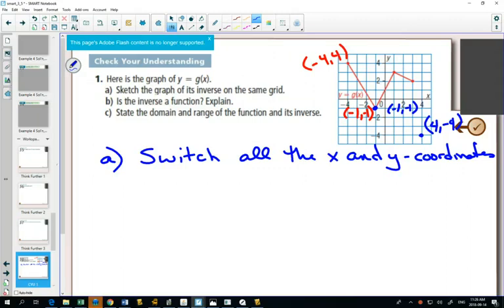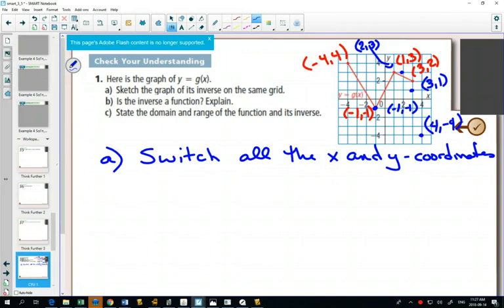So on the next point I have 1, 3. If I switch the x and the y values, I would get 3, 1. And finally on my red graph, I have 3, 2, so I would get 2, 3.